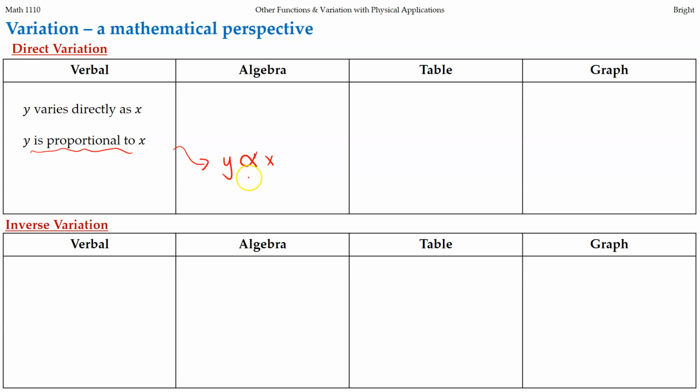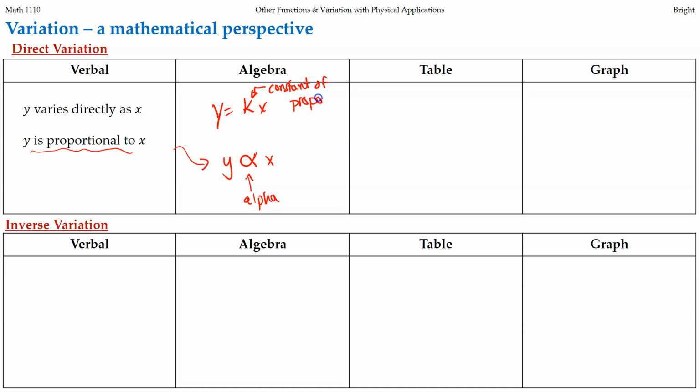When we see this proportional language, it automatically means that y is proportional to x, and this is the Greek symbol alpha. This is just shorthand to say that it's proportional to, that it changes. So as y changes, x changes in the same manner. But really what it means mathematically is that y is equal to kx, and k we call our constant of proportionality.